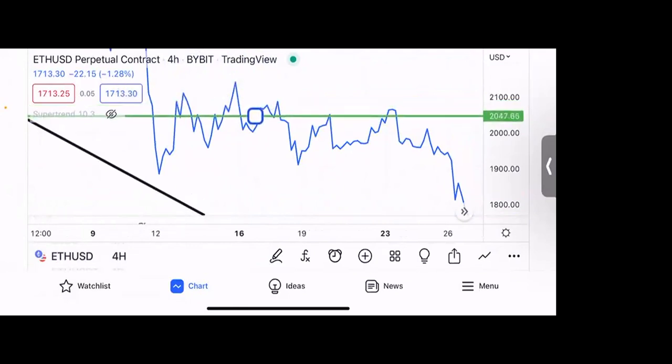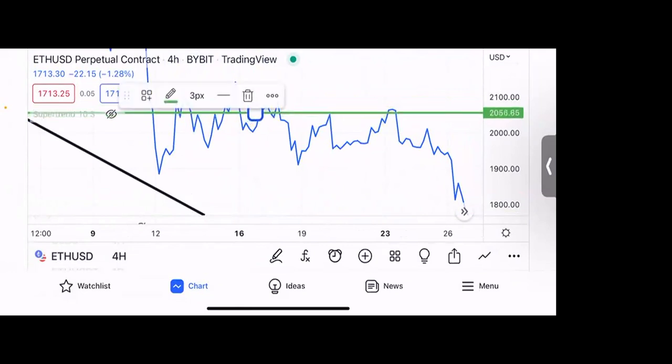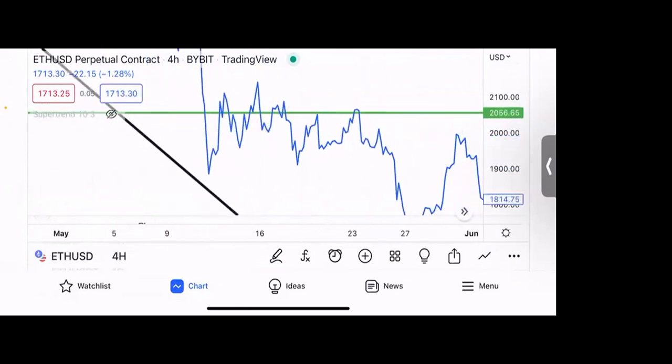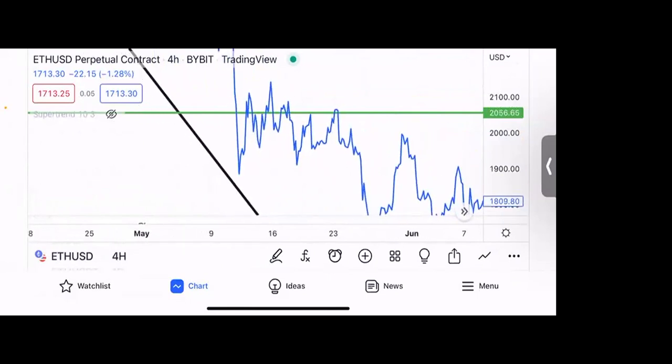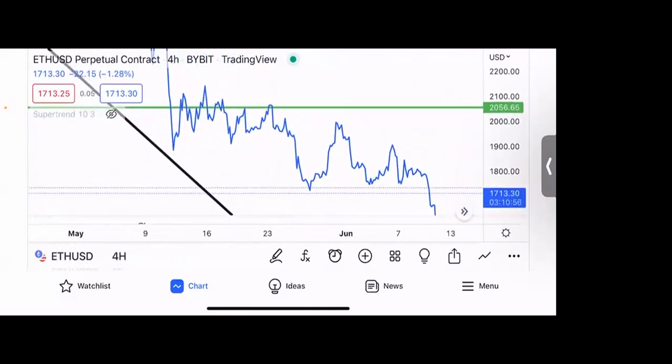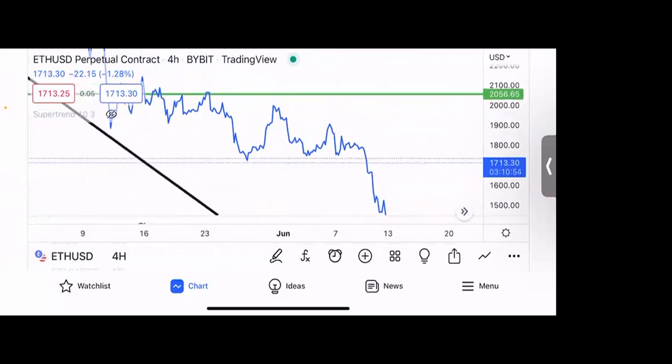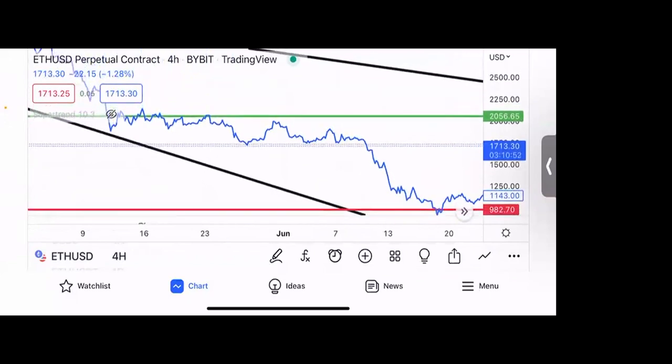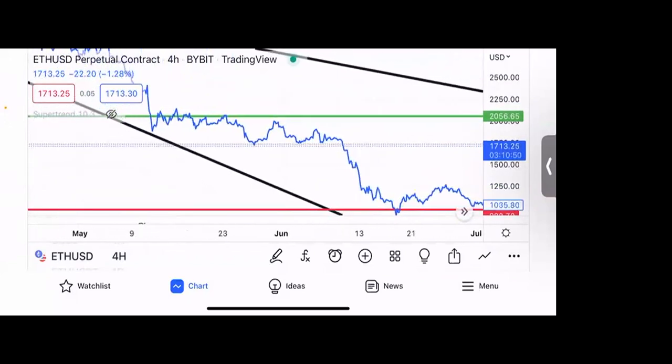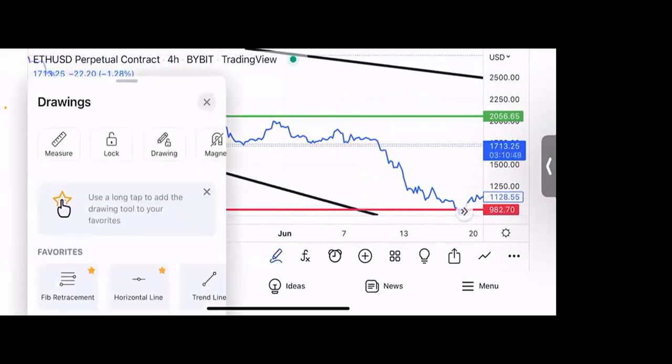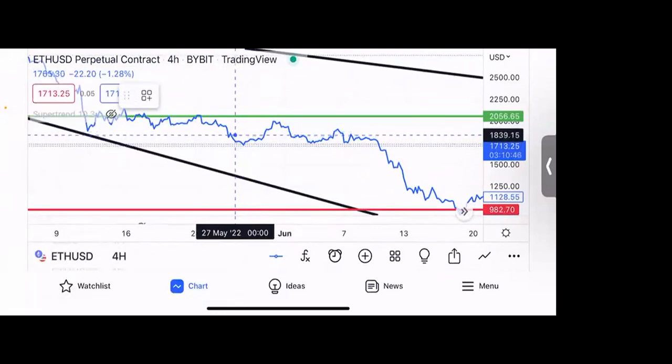Feel me? Look at that beautiful touch right there. Boom. Right? Beautiful, beautiful touch. Right there. Look at that. See another beautiful touch.